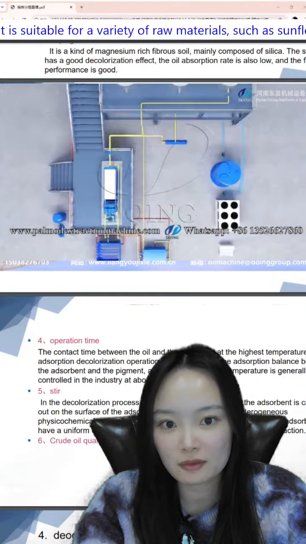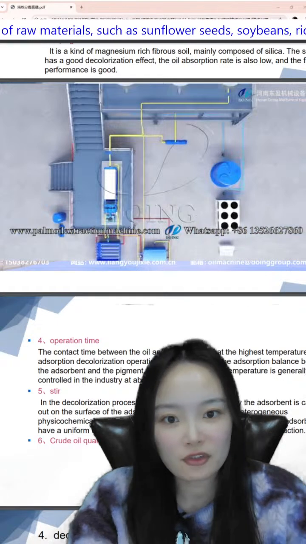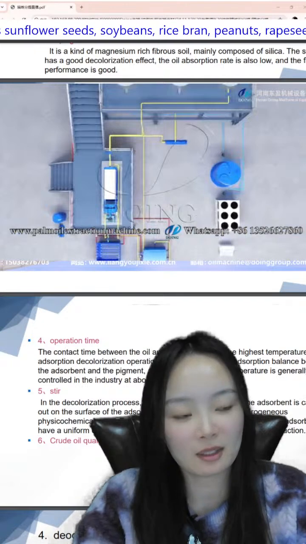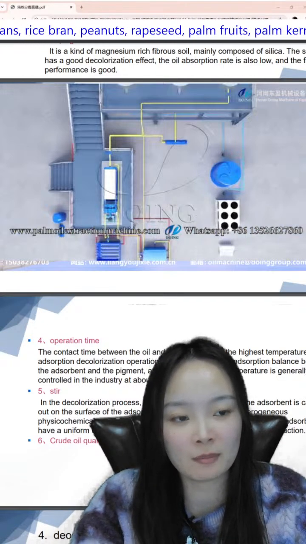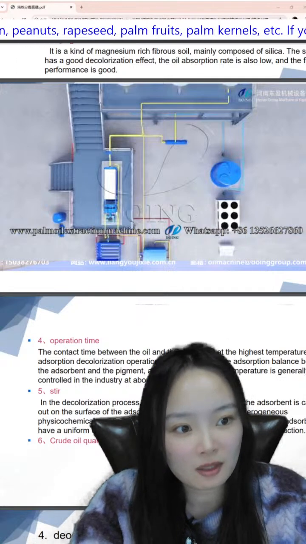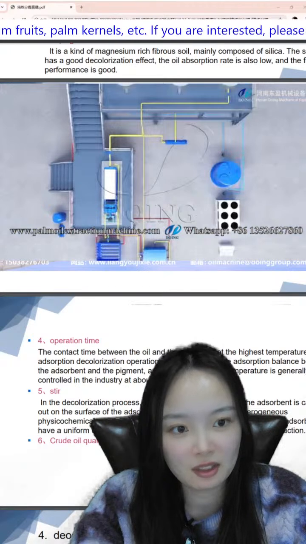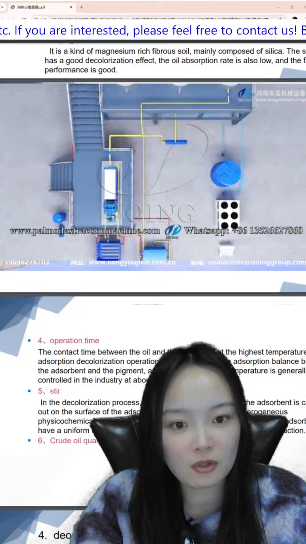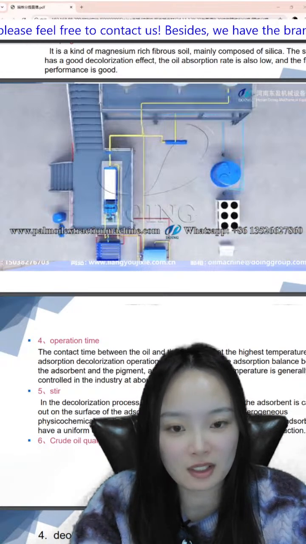And then is the operating time. The contact time between the oil and the absorbent at the highest temperature in the absorption decolorization operation is determined by the absorption balance between the absorbent and the pigment. And the decolorization time is generally controlled in the industry at about 20 to 30 minutes.